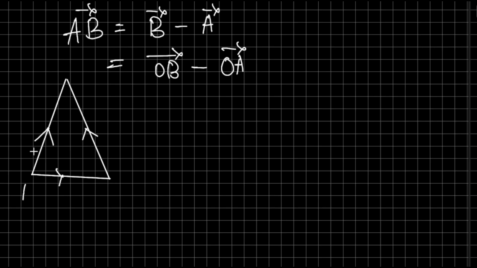Let's say this is O, A, B. If you look at the direction, OB is opposite, so OB is equal to minus BO, and then we have OA. So therefore, we can have that.